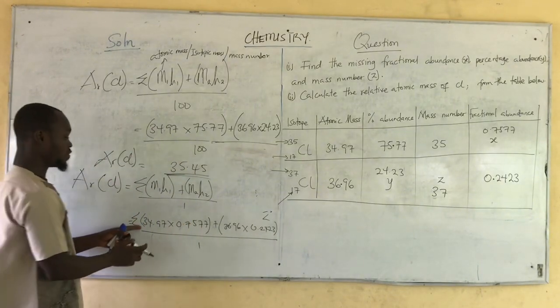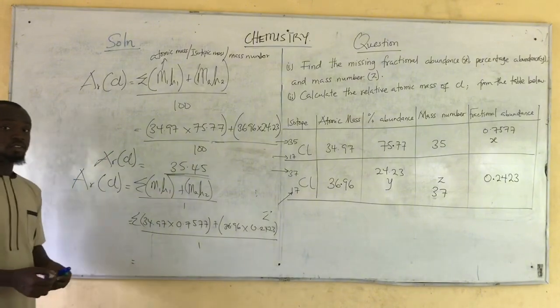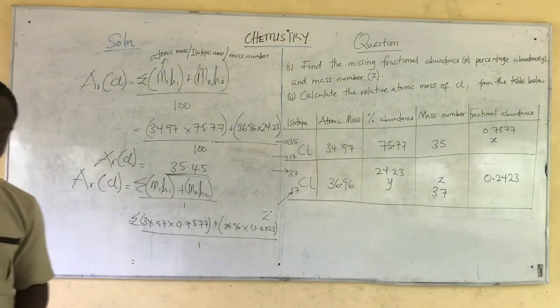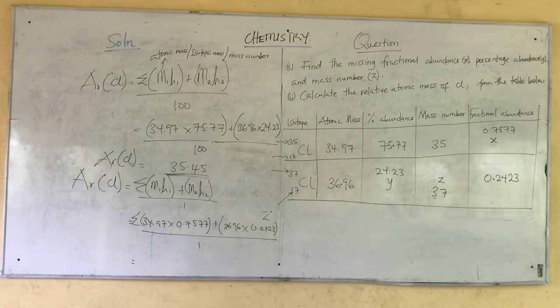So for the summation of the multiplication of all these, you can assist yourself with a calculator, or you can use your mind to do the calculations as well. So we have 34.97 multiplying 0.7577 plus 36.96 multiplying 0.2423.